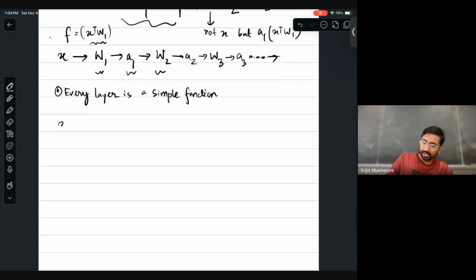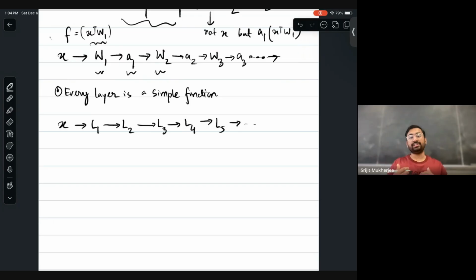So there's an input X, there is layer 1, layer 2, layer 3, layer 4. We have to actually define the layer by hand. Layer 4, layer 5, like this. And then you have to propagate it directly. In the back end, at the final step, we calculate the loss.